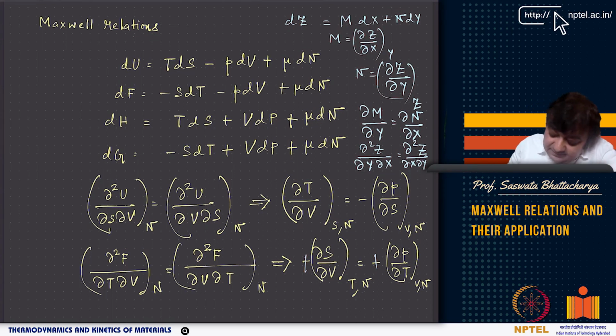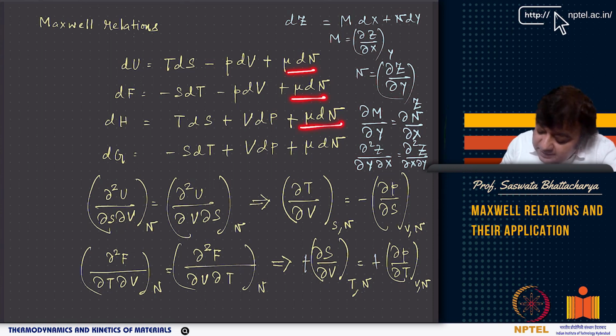Now, you see a very interesting consequence, that you have dU as a function of S and V. Now, we are just keeping N constant for the time being. N is assumed to be constant. See, all of them have mu dN.